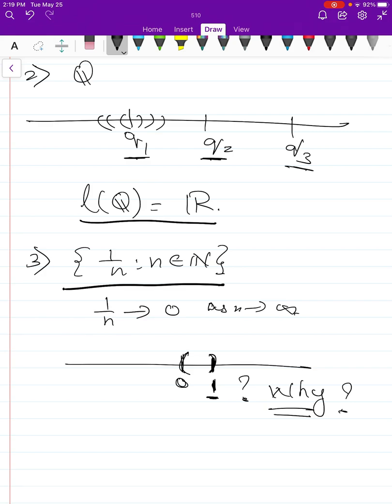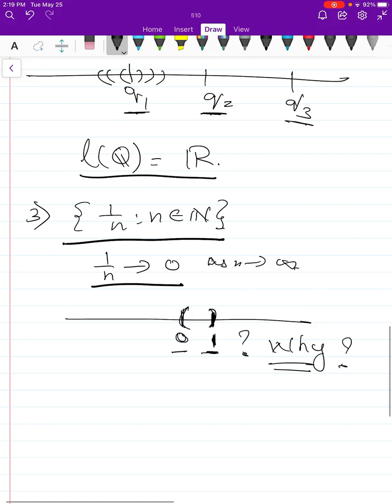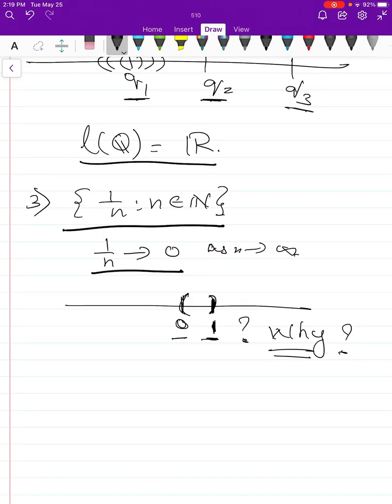Because this set is nothing but 0 to 1 according to me. If it is different according to you, you should tell me. But why is only 0 considered to be a limit point and why not 1? Answer this question when we meet. This is a question that you need to think upon. Here in this case 0 is a limit point.